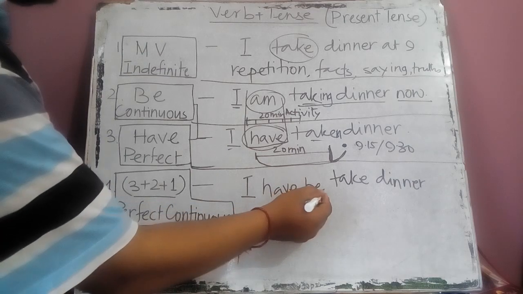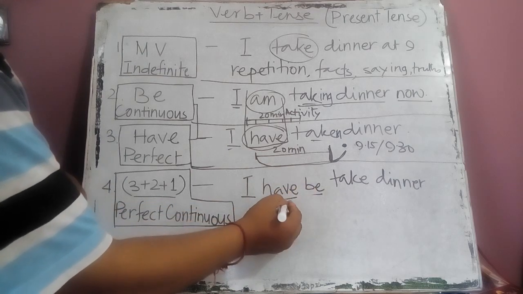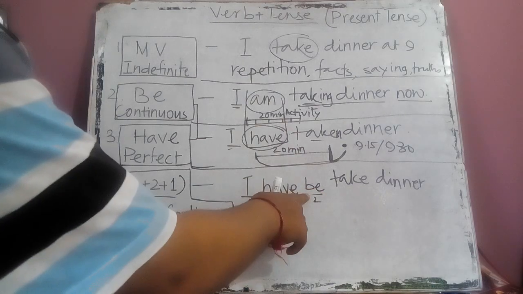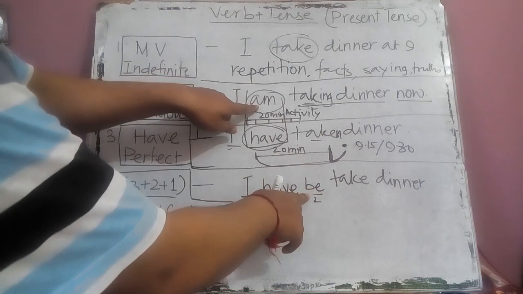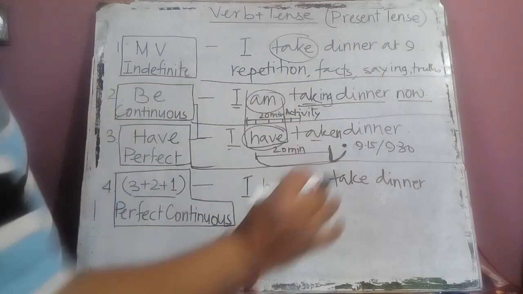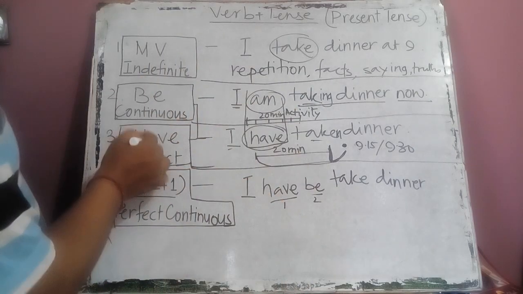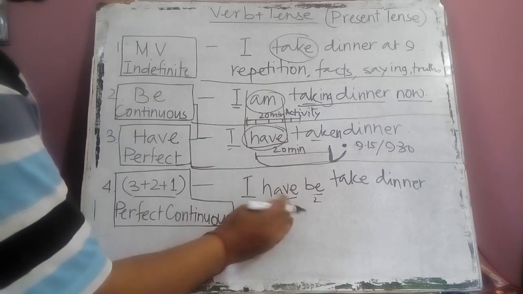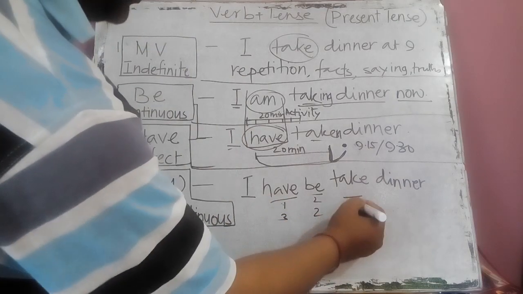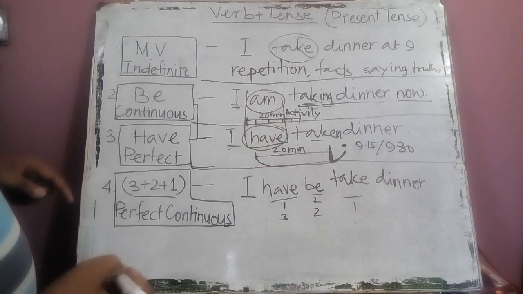This is the first auxiliary, this is the second auxiliary. So the second auxiliary must be in the base form. Right? So we have maintained 3, 2, 1. This is verb number 3, this is 2, and this is verb number 1.